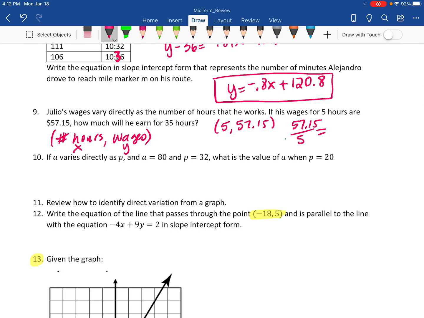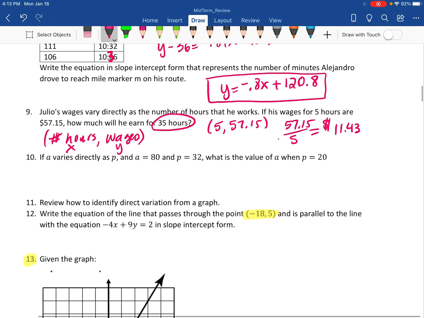So 57.15 divided by 5. That's going to give me 11.43. All right. Now, I'm going to take that 11.43, and he works for 35 hours. So let's think about that. This is the K value. So think about what the relationship is of the K to this number of hours, that's the X, the 35 hours.